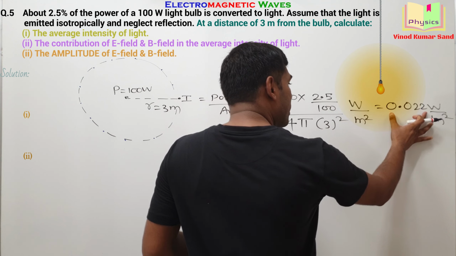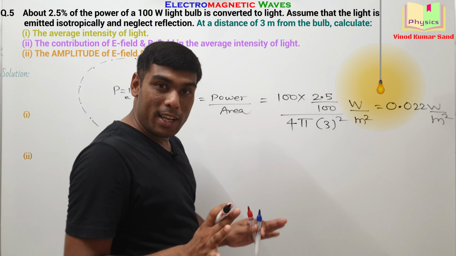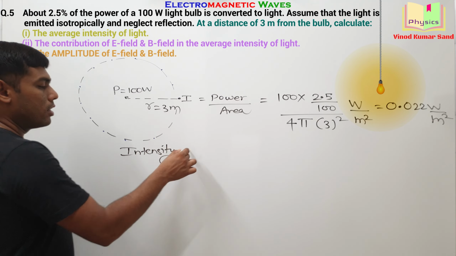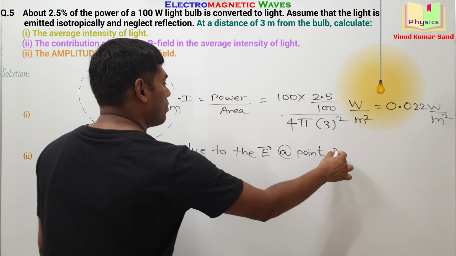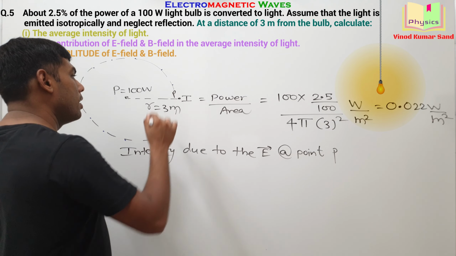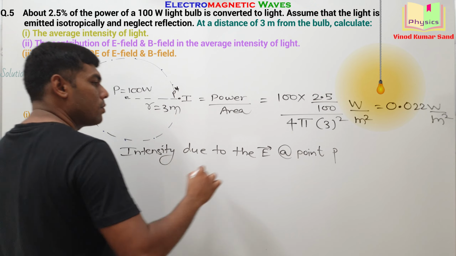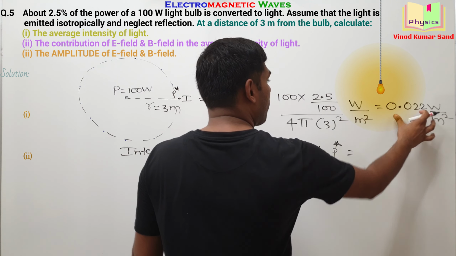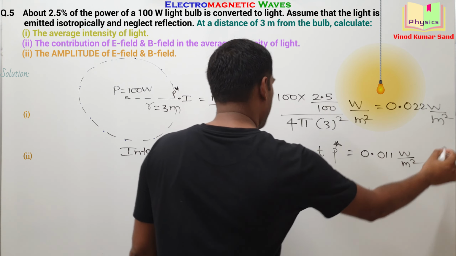The electric field and the magnetic field components contribute equally. It means the intensity due to the electric field at point P, if I name this point as P, let's say P we have used for the power, I'll name this point as P star, will be half of this, so 0.011 watt per meter square.